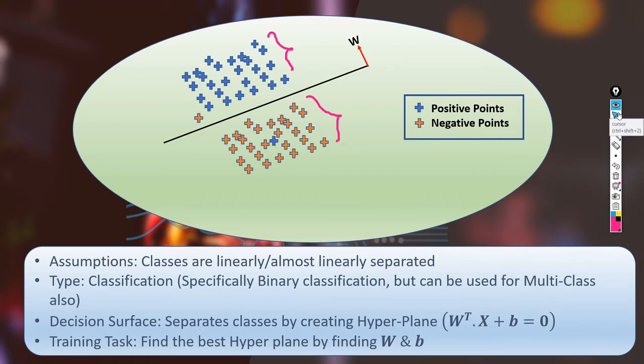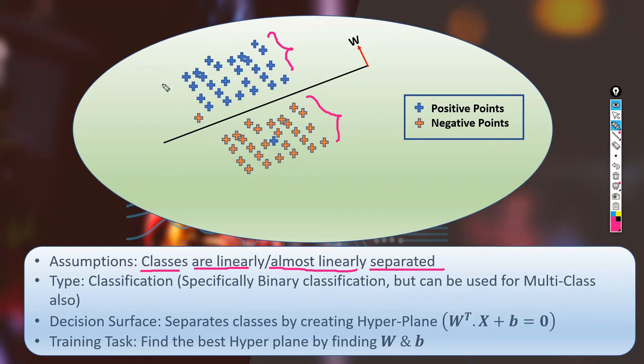Like any other machine learning model, logistic regression has a particular assumption: that the classes are linearly or almost linearly separable. It assumes that the data points consisting of both positive and negative classes can be linearly separated.